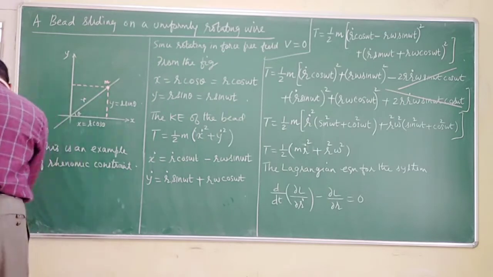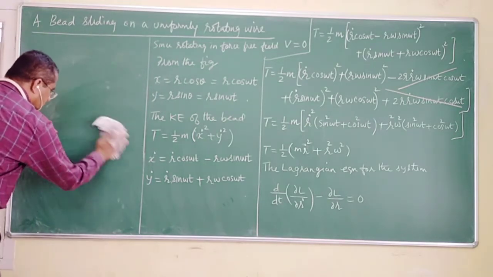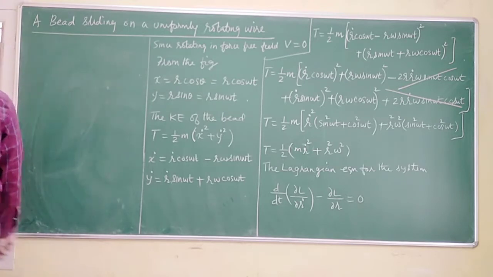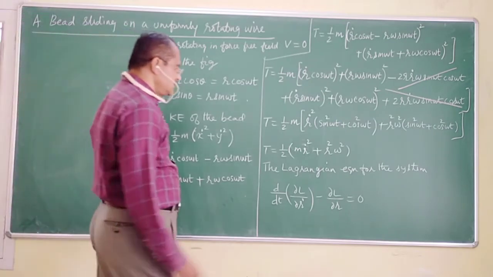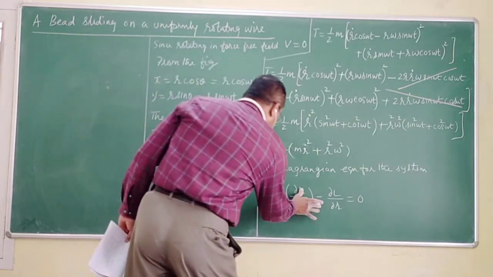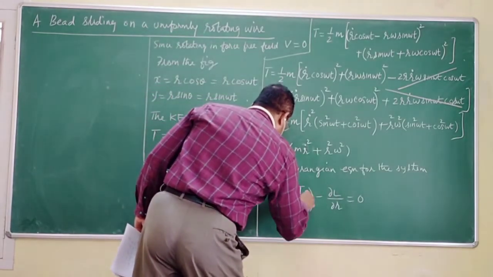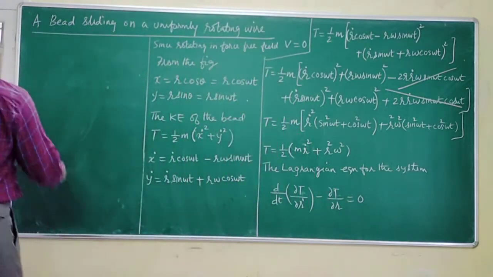Is that okay to you, sir? Now, because there is only kinetic energy, potential energy is 0. We can as well replace L with T, because potential is not there.